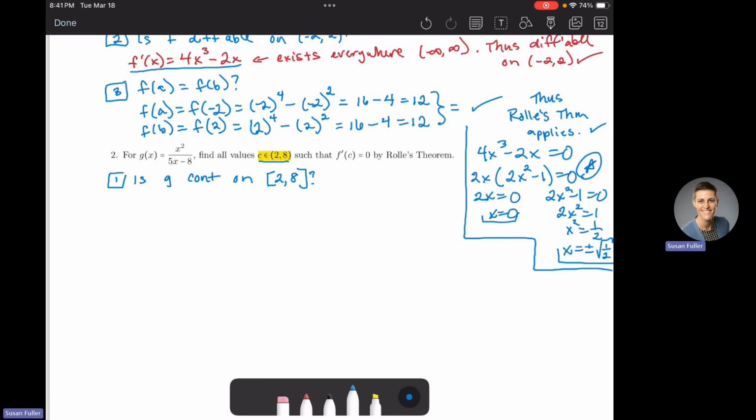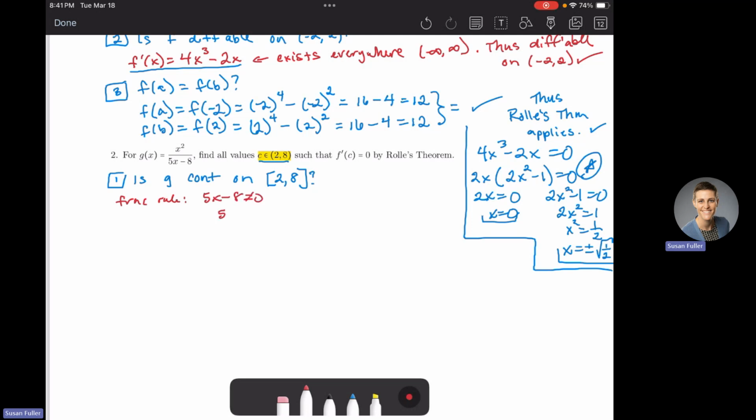So we got to do the closed interval here and make sure we're good. Well, in order to see if we're continuous, we have to apply our domain rules. So we got a rule for roots, logs, and fractions. What applies? You got it. It's the fraction rule. Fraction rule says the denominator, which is 5x minus 8, can't be 0.